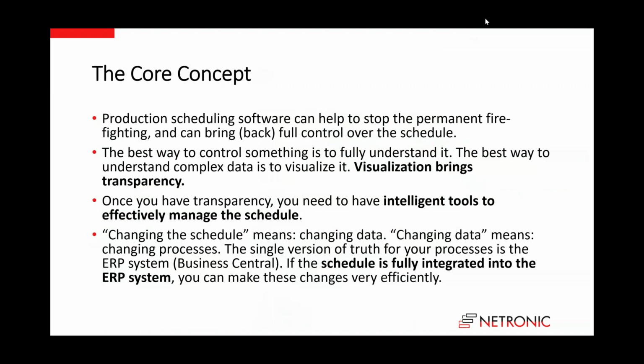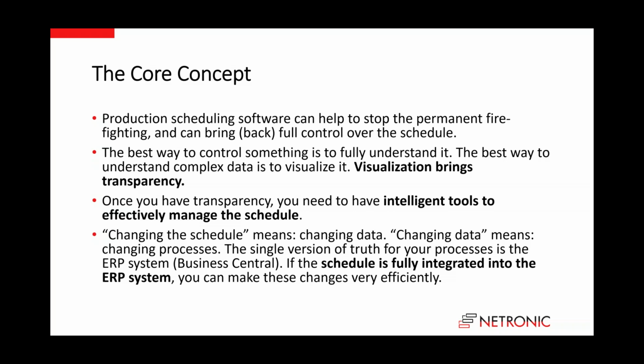So here is how we look at this, right? Production scheduling software really can help clients to stop the permanent firefighting, and it can help to bring back full control over their schedule. However, Business Central does not come with proper production scheduling capabilities, as most of us know.